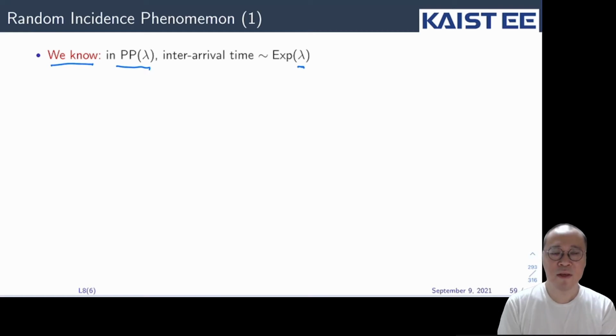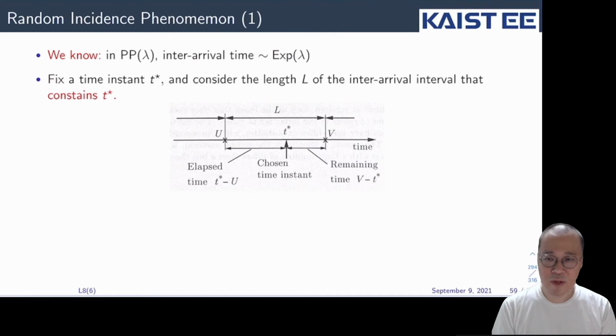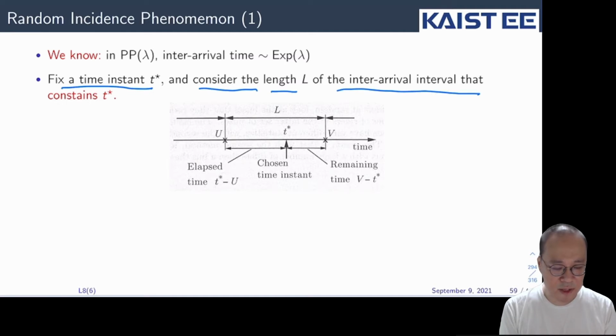That was a very important basic fact. Now what we're doing is this. We fix a time instant t star, that's a fixed time. And we consider the length, which we denote by L, of the inter-arrival interval that contains t star.